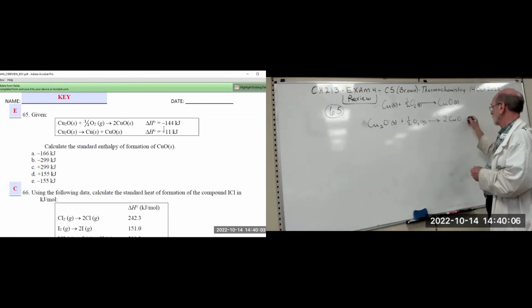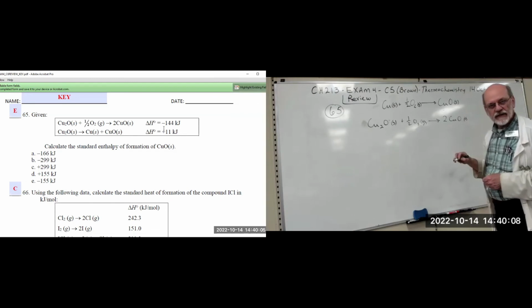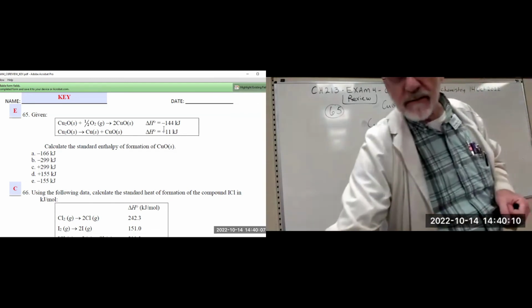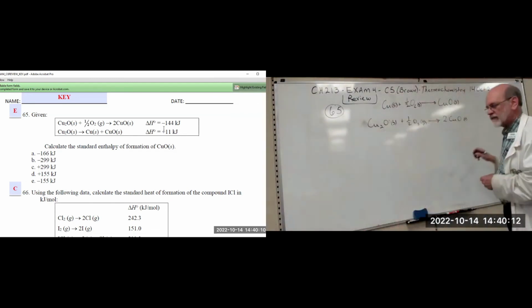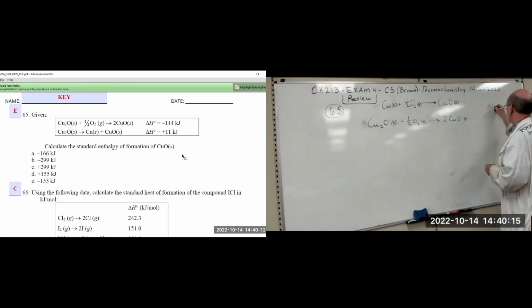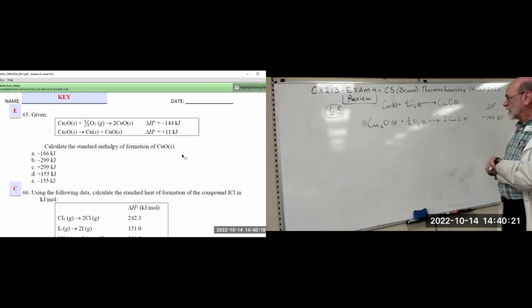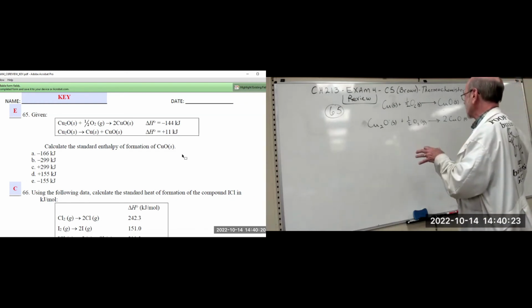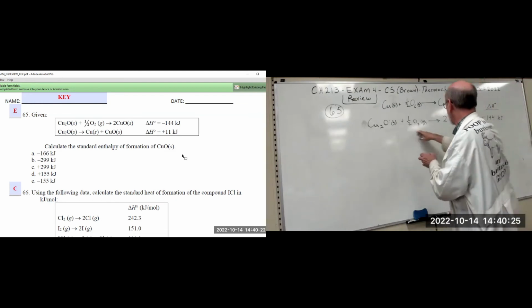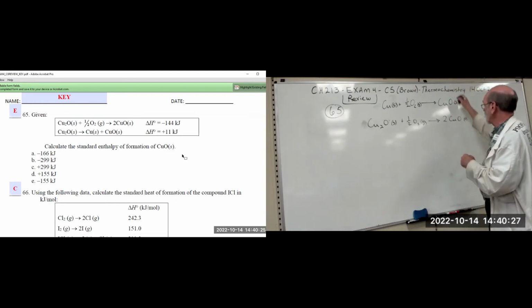Okay. And the enthalpy change is, let me get my cursor out of the way, minus 144. All right. So is everything where it needs to be? Well, this can only address that one right there.